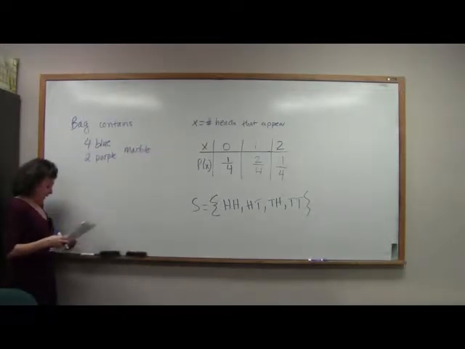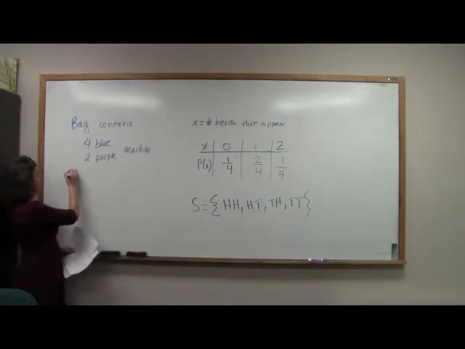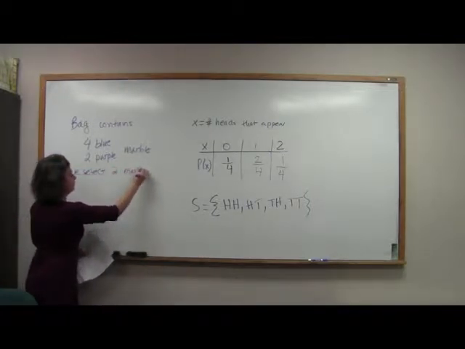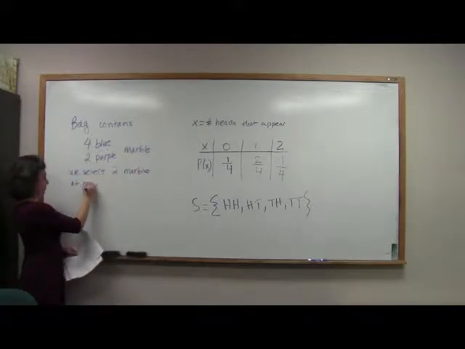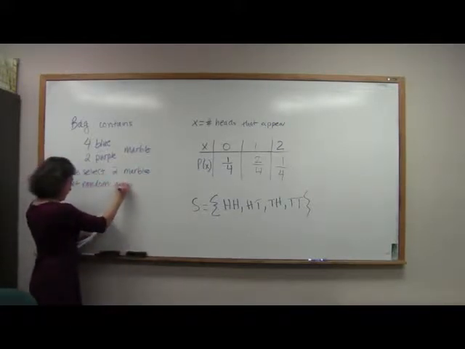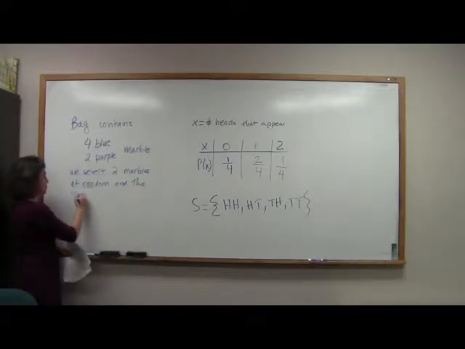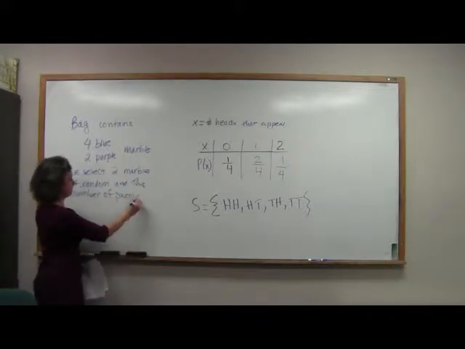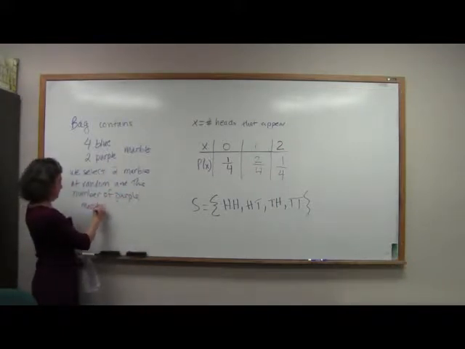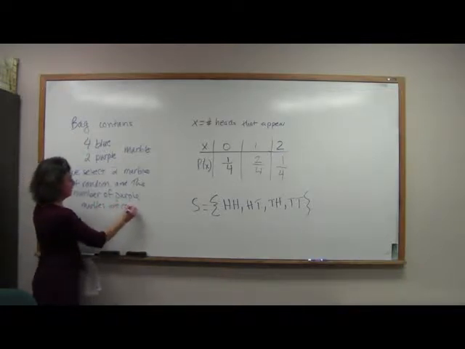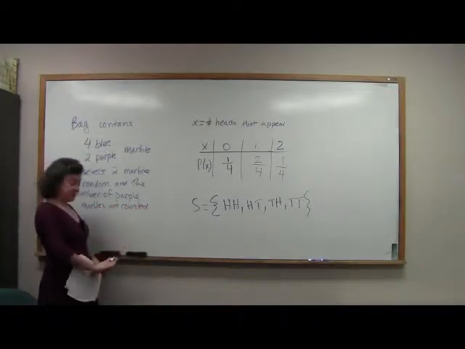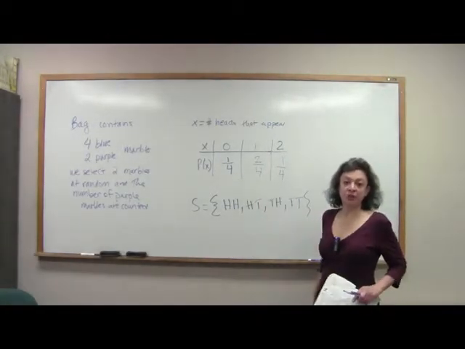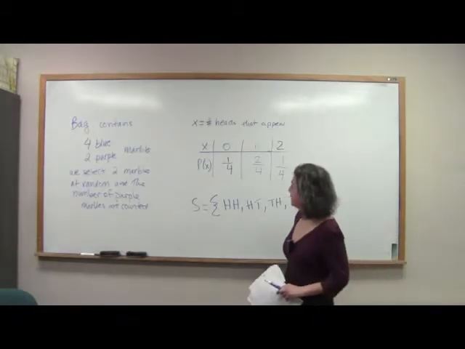We go in and select 2 marbles at random, and the number of purple marbles are counted. Now, what we want to do is make another probability distribution table where we show the probability of drawing the various numbers of purple marbles that we can.